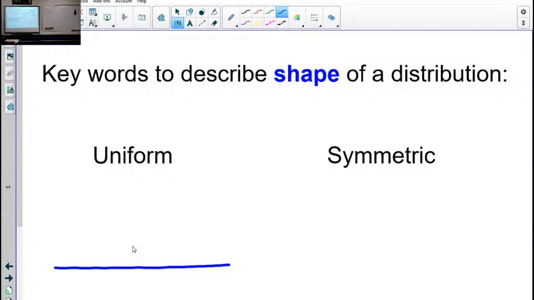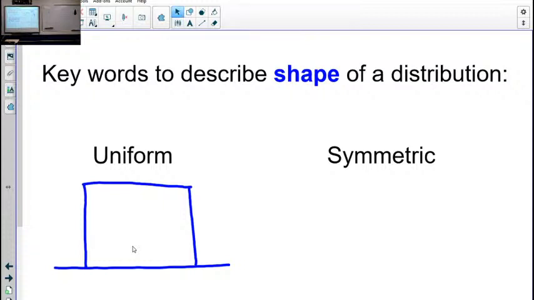And so for a distribution to be uniform, it needs to look the same throughout. It's going to start and end at a point, and it's going to be the same kind of area and spread throughout the distribution from start to finish. It doesn't have peaks, it doesn't have valleys, it just stays constant throughout.